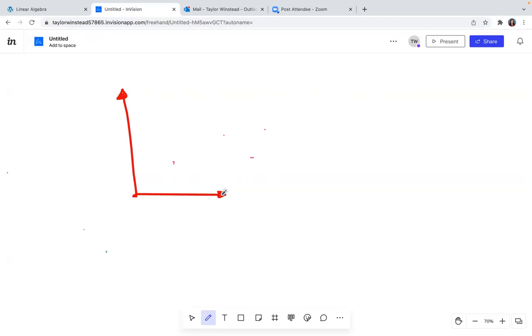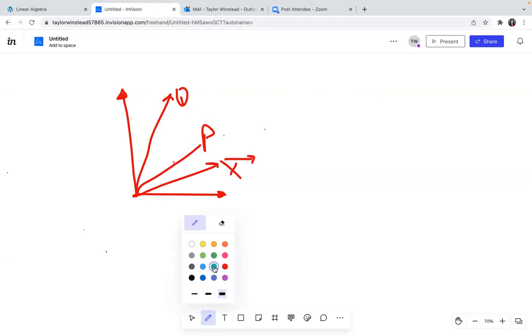And you're given a vector X, surprise, surprise, a line P, and a line Q. And you're told that this right here is 30 degrees.